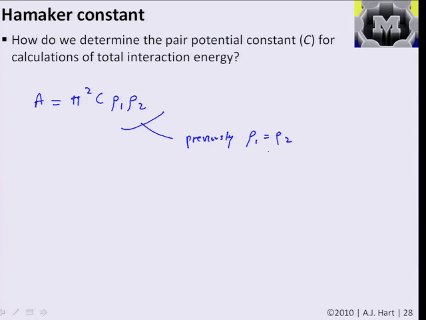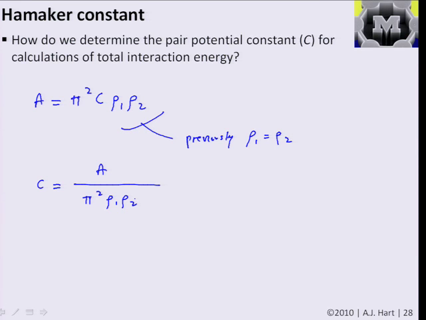But in principle, we want to be able to calculate these interactions between two things which are different materials, so ρ1 doesn't necessarily have to be ρ2. So now, if we just flip this around and solve for C, then C is formally defined as A divided by pi squared times ρ1 ρ2.